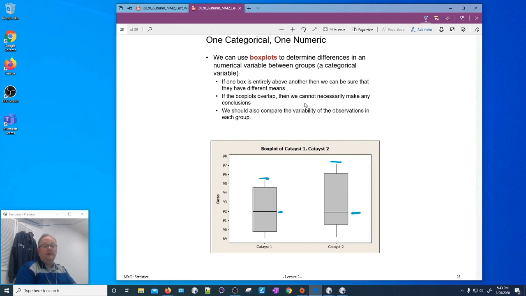That line across the box plot is the median, the median score, and this one is really very nearly symmetric. This one here has a long tail that goes off, so that one's definitely not symmetric. So we're getting some observations and comparing the variability and the shape of the data.